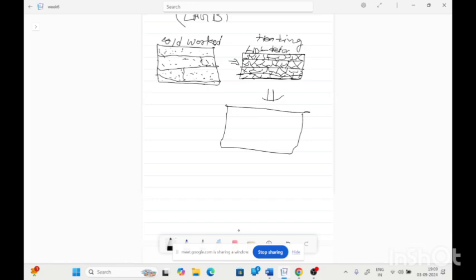Ma'am, my question is whether the component or workpiece is preheated in the initial stage or not. That depends on the process, on what we want. In cold working we don't preheat the material, but for hot working we use preheating.